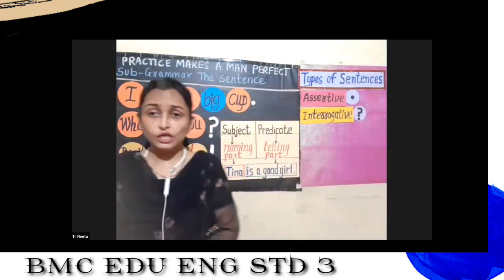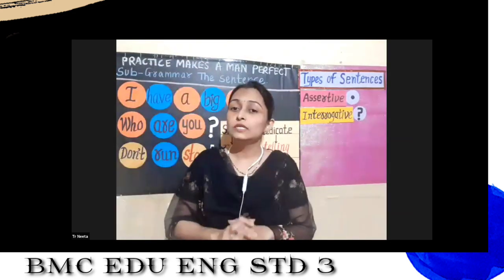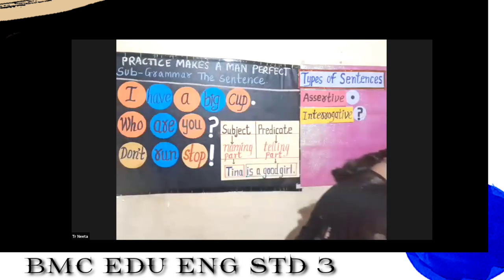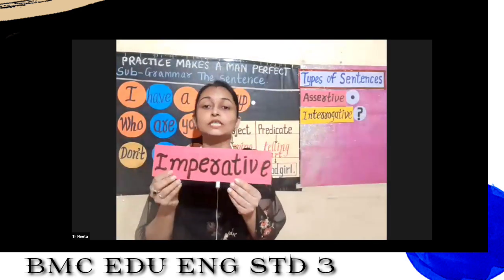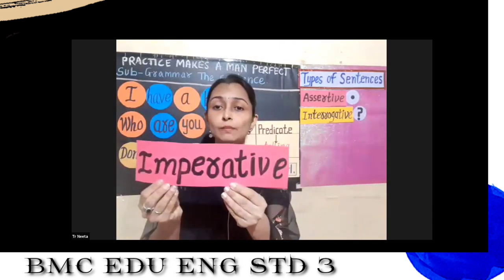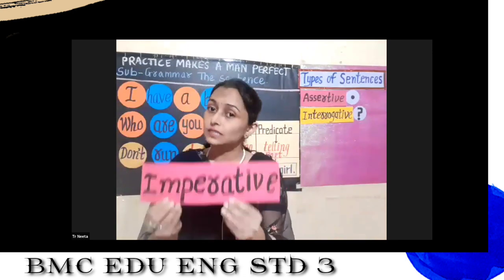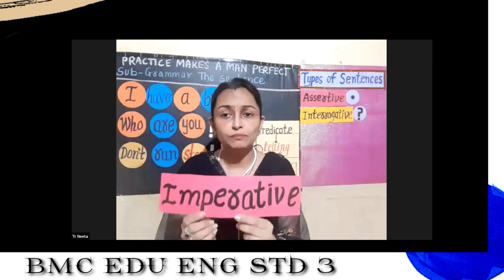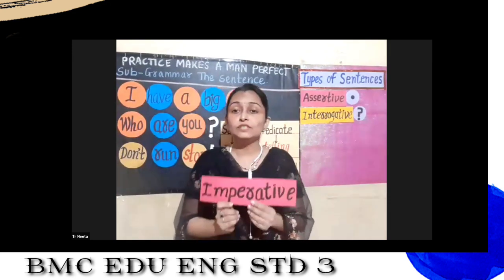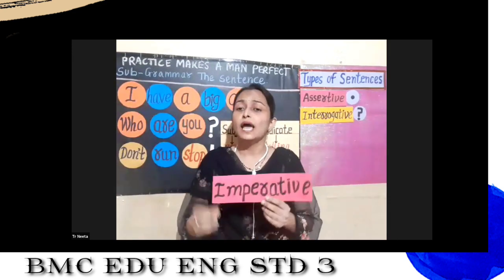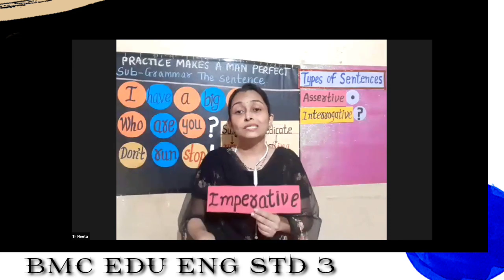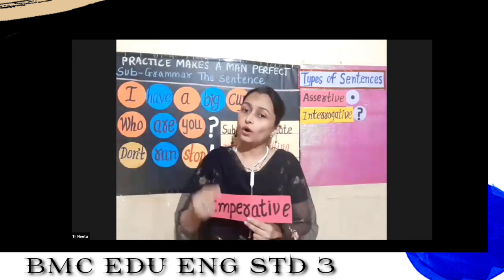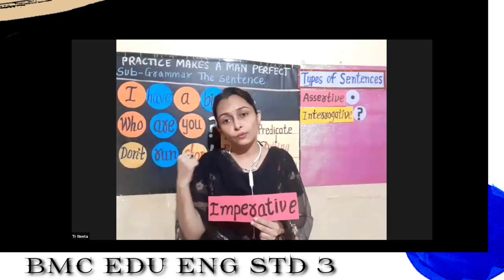Now children, the third type of statement is the imperative type of statement. Now children, what does imperative mean? An imperative type of sentence means any sentence which is a request or order or an advice.